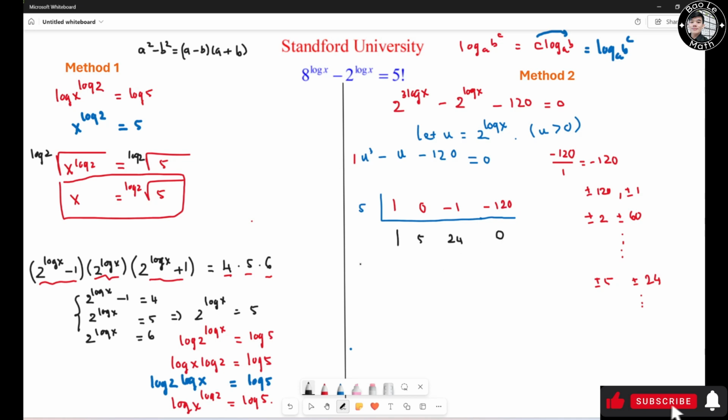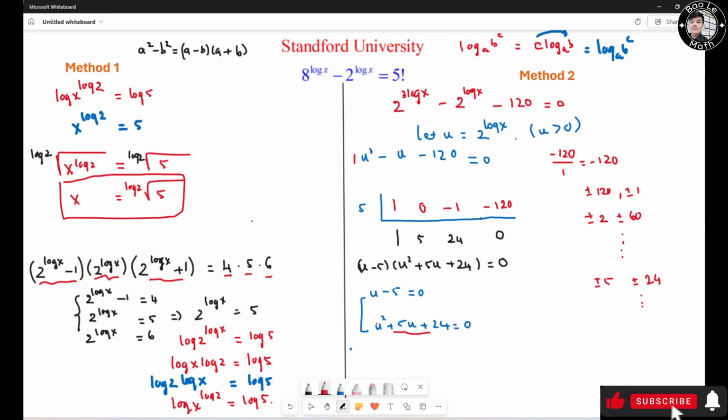So this equation can be written as u minus 5 times u squared plus 5u plus 24 equal to 0. Now this turns out to be u minus 5 equal to 0, or u squared plus 5u plus 24 equal to 0.